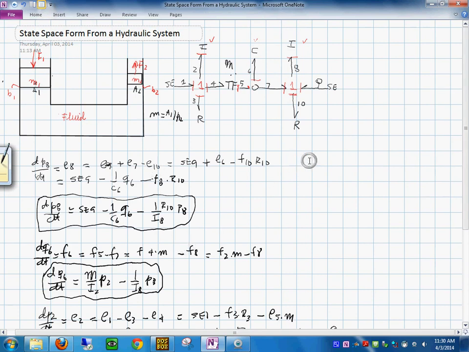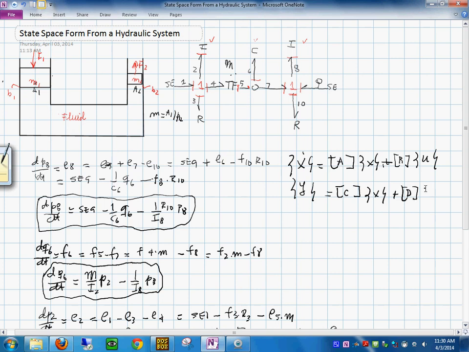That state space form calls for a form that says that x dot is equal to the matrix A times the vector of the state variables x plus the matrix B times the vector of inputs. And then they have the output equations, which would be C times the state space vector plus D times U, like this.